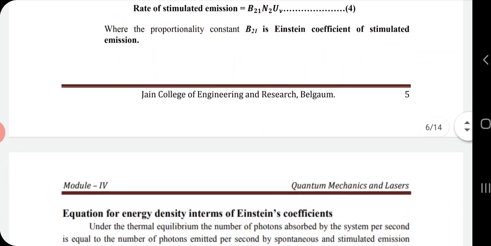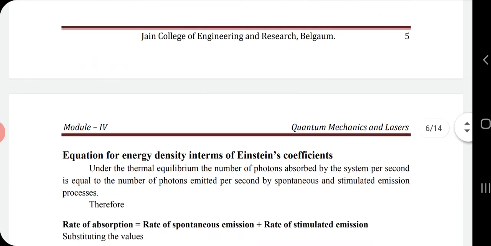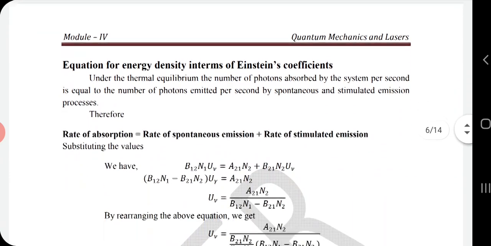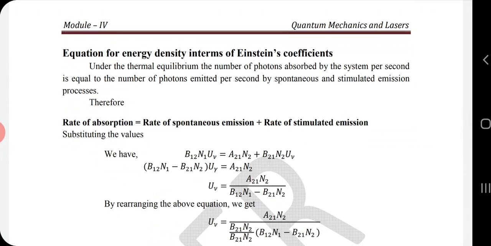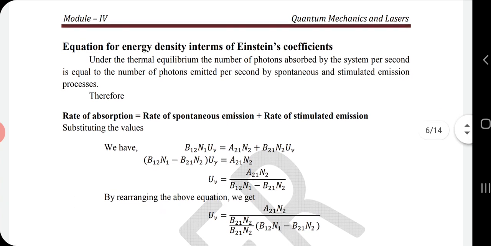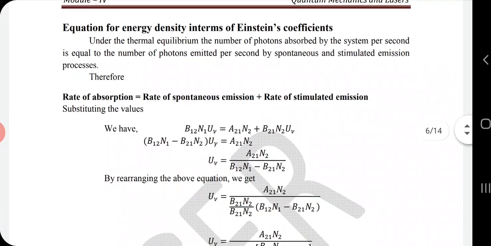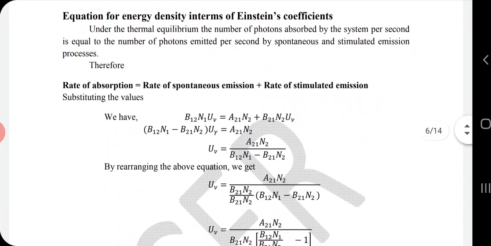And then we have seen the equation for energy density in terms of Einstein's coefficients. So what it says is absorption is equal to emission. Okay, the rate of absorption is equal to the rate of spontaneous emission plus the rate of stimulated emission.